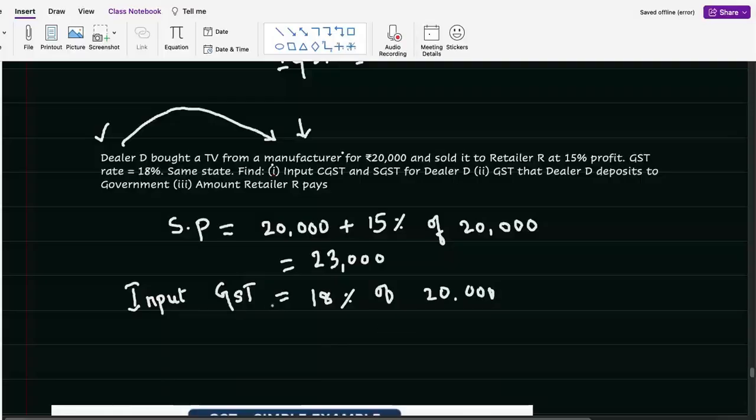Now if you divide 3,600 equally, you will get CGST and SGST as 1,800 each.